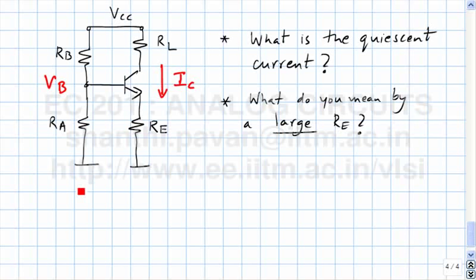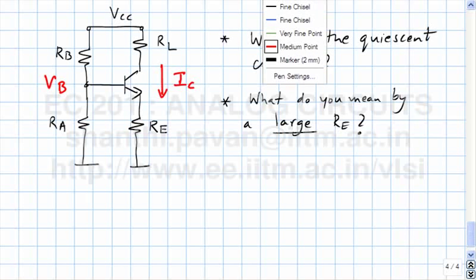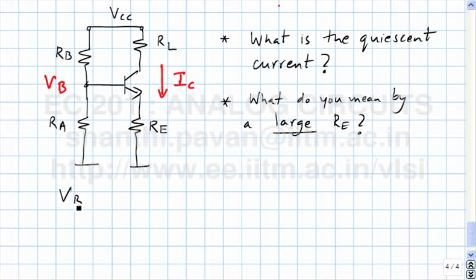What is VB? VB is nothing but VCC times RA by RA plus RB, and this must be equal to this voltage: the base voltage potential here must be equal to this potential plus the drop across RE. Correct? And what is the drop across RE?